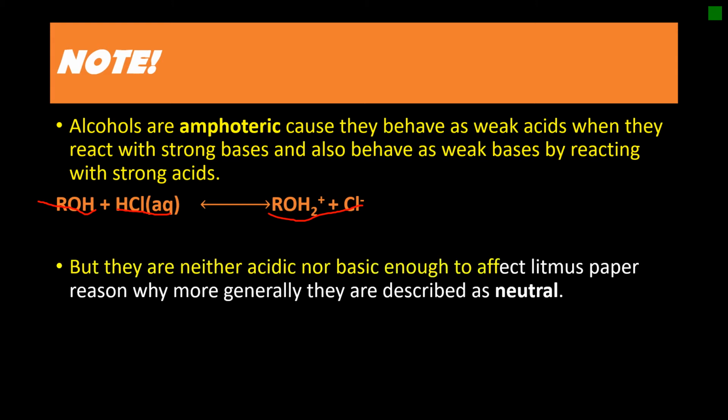But they are neither acidic nor basic enough to affect litmus paper. That's the reason why, more generally, they are described as neutral, which means that if you use an acid-base indicator in an alcohol, it will not show any change because it is not strong enough to change the color of the indicator.